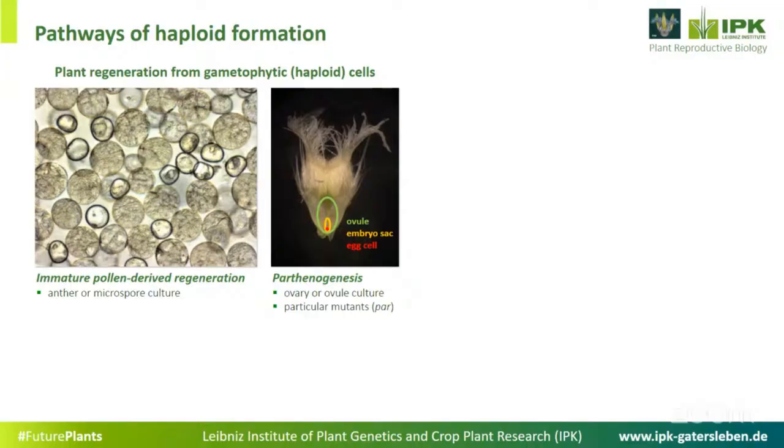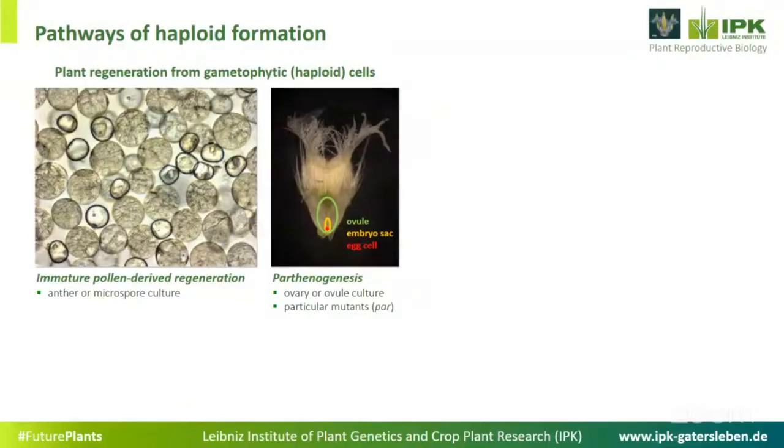And what you can see here at the left-hand side is cultivated immature pollen. They are extracted at the unicellular stage. They are then called microspores. So these are the direct product of meiotic recombination.